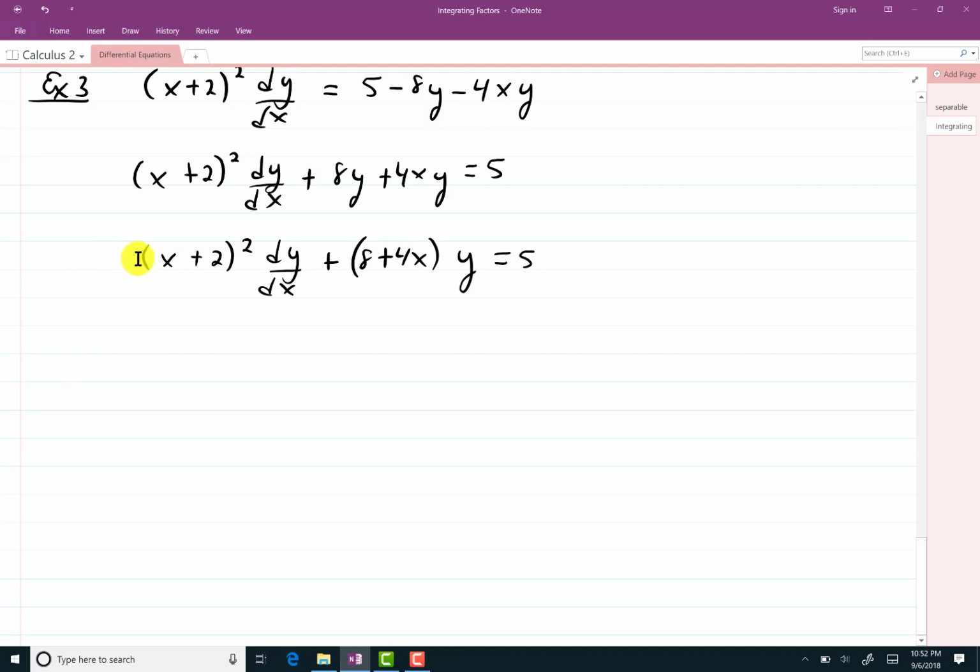Now I'm going to divide both sides by x plus 2 squared to get it in the format that I want. So I have dy over dx plus 8 plus 4x over x plus 2 squared times y equals 5 over x plus 2 squared.